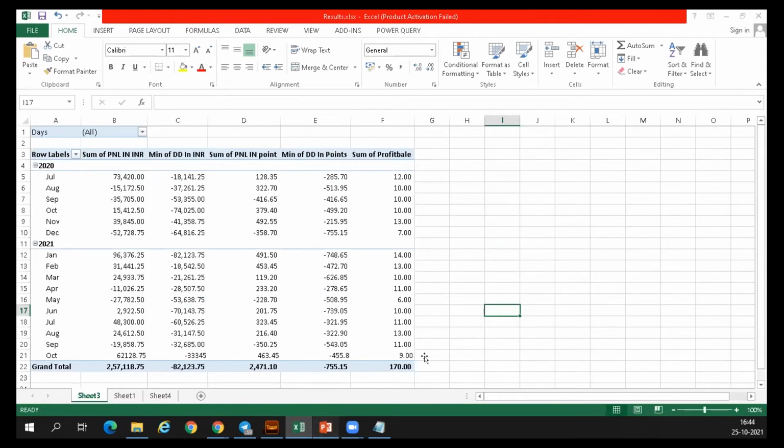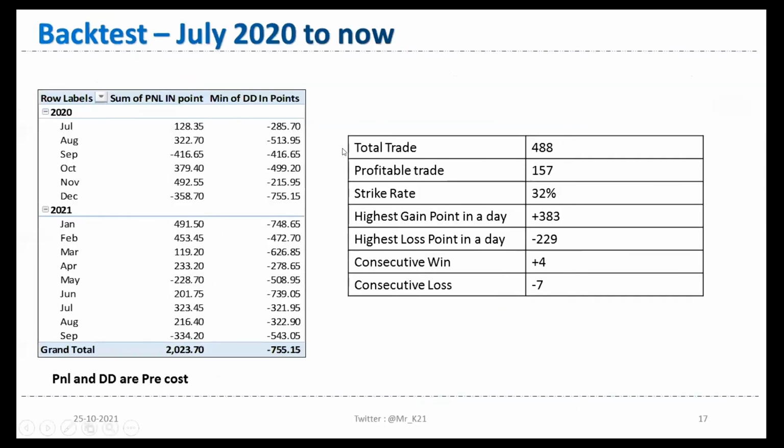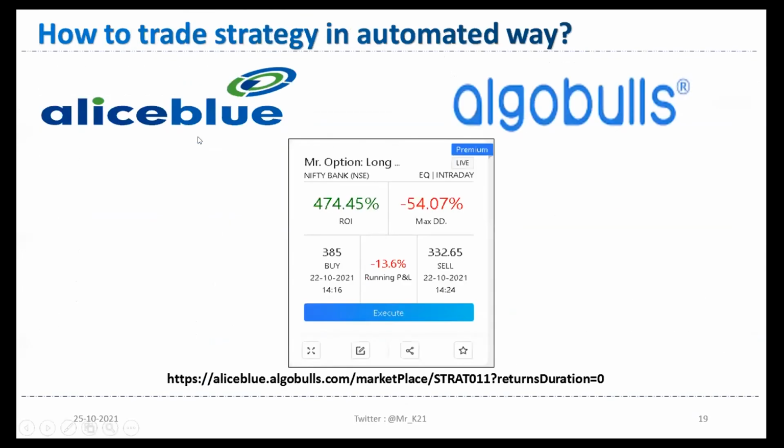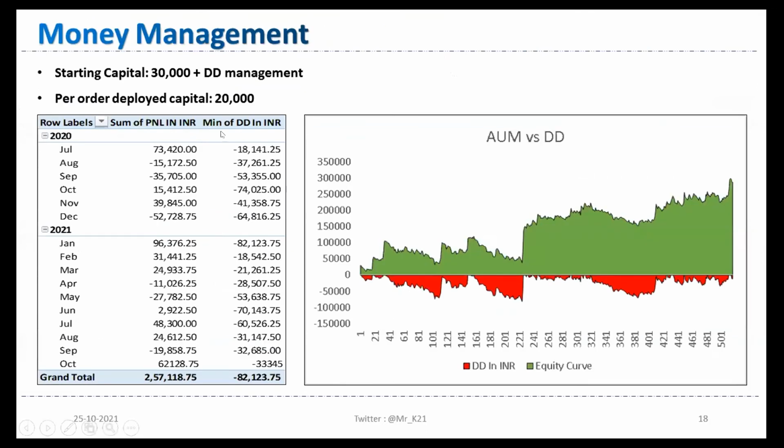Now coming to the money management. What we have done here is we are allocating only 20,000 rupees. If we use only 20,000 rupees, what could be the profit? Your 20,000 rupees can turn into 2,57,000 in these 16 months. Of course, you have to manage your drawdown.